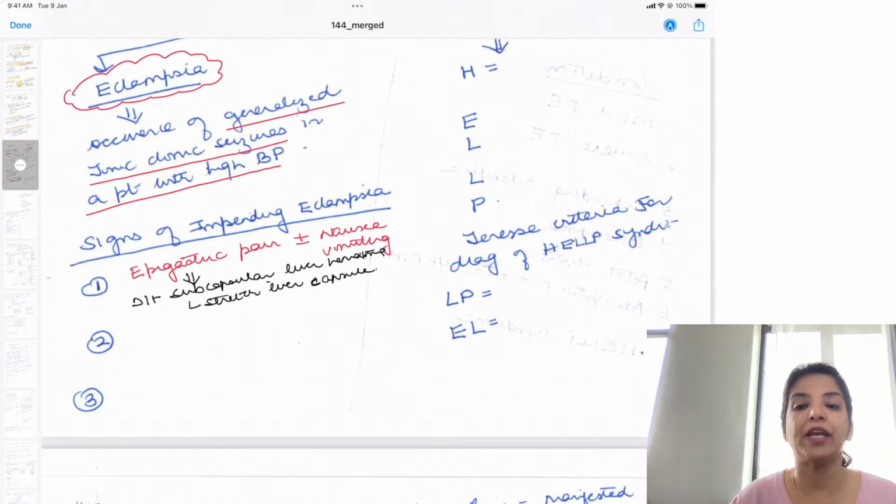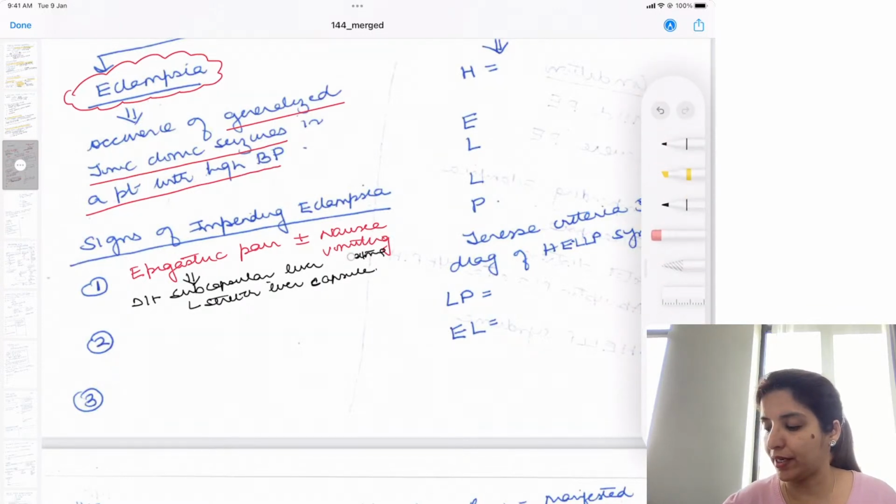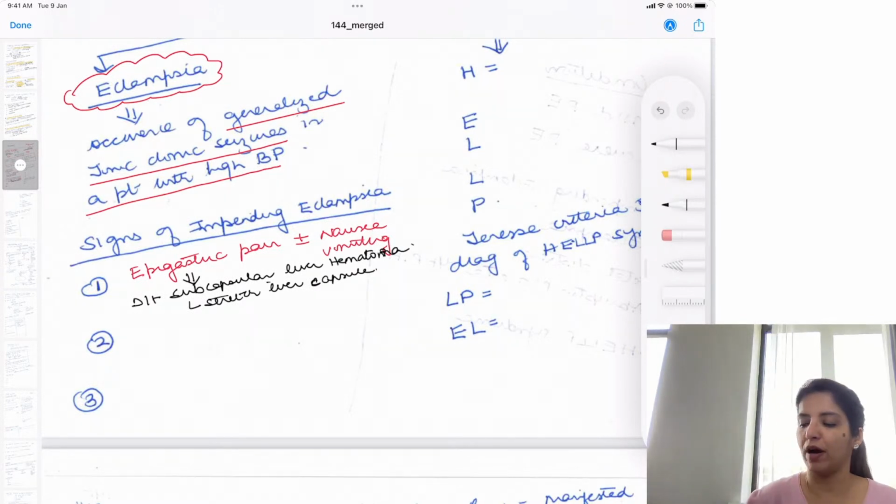So epigastric pain, I have written there, is due to subcapsular liver hematoma. If you cannot read it, I am saying it very clearly so that you can understand. Subcapsular liver hematoma, and this is going to stretch the liver capsule.